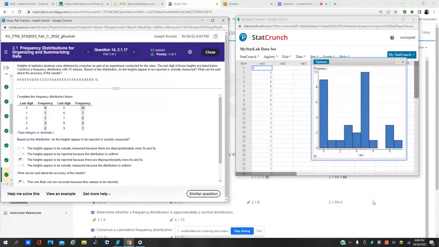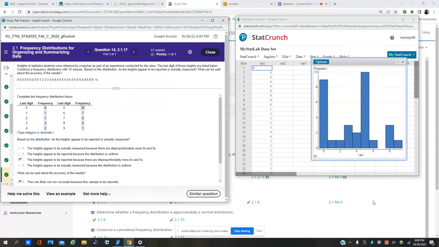You can look at it numerically in the problem, or you can look at it on the histogram. It's pretty obvious that it's bimodal, zeros and fives, which means those are the most popular answers. And that means that they're probably rounded, especially if they're using something like centimeters, because there's 2.5 centimeters per inch.